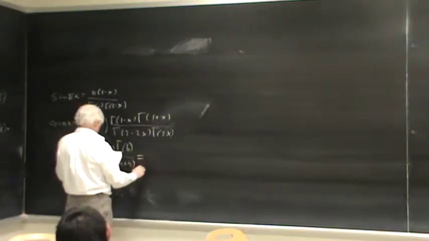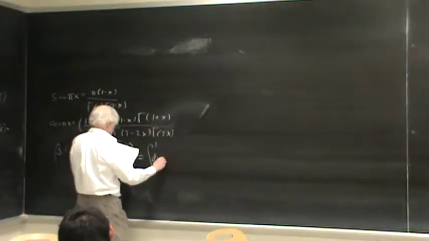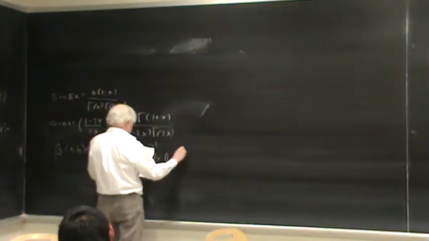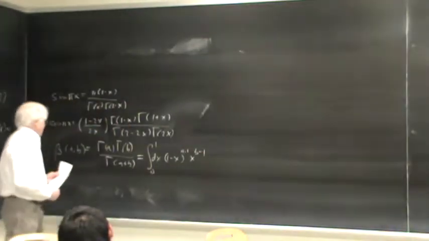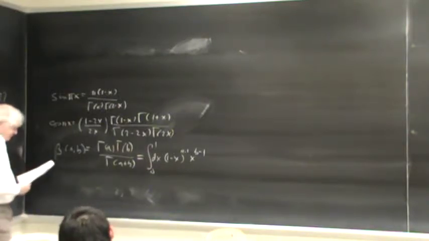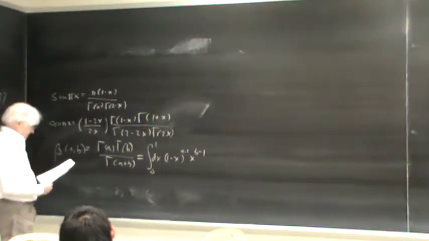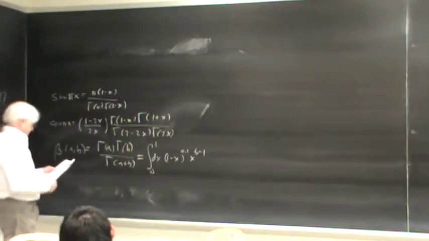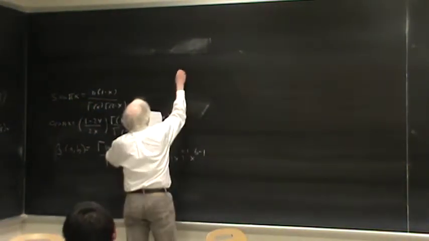Anyway, this beta function, it turns out, is the integral from 0 to 1 dx, (1 minus x) to the a minus 1, x to the b minus 1. So that is an important formula, and in fact, I think that allows one to do the following integration.